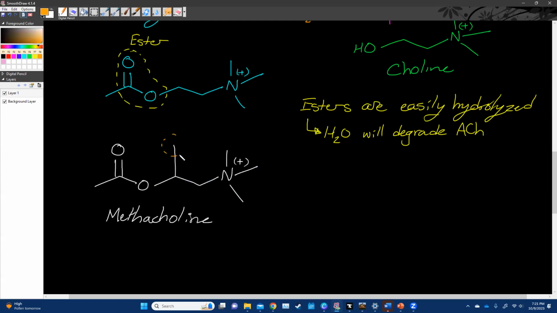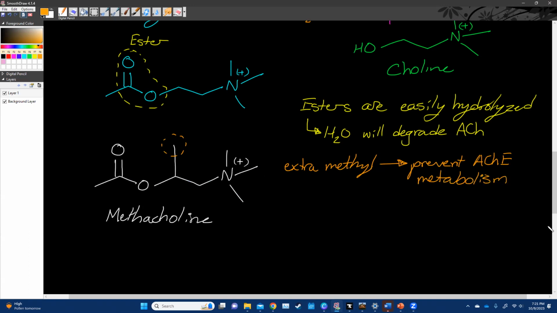This extra methyl group is going to prevent acetylcholinesterase from wrapping its grubby little fingers around this drug and degrading it. So when you add a methyl group into a very, very central part to where metabolism happens, right?